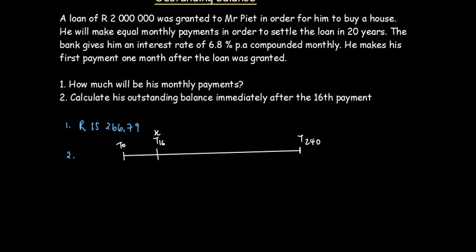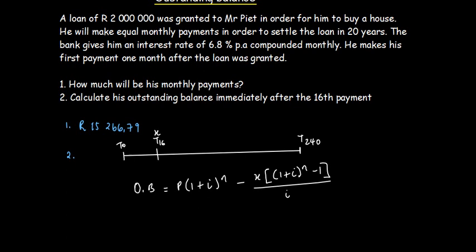Now, the formula that I'm going to recommend for outstanding balance, there are two of them. One is: outstanding balance is equal to P into (1 plus i) to the power n, minus x into ((1 plus i) to the power n minus 1), all divided by i.